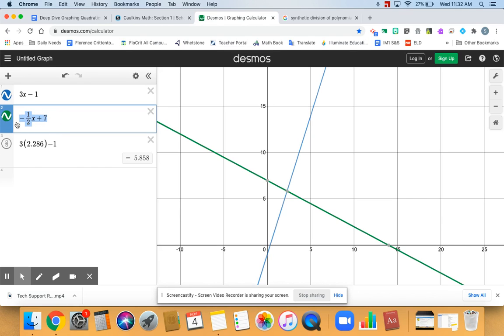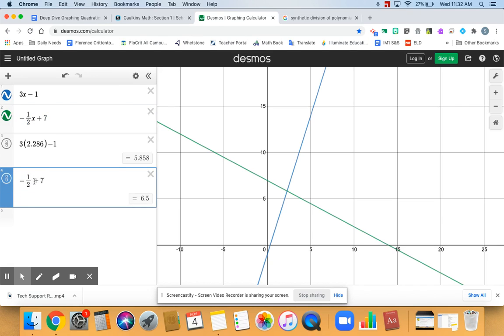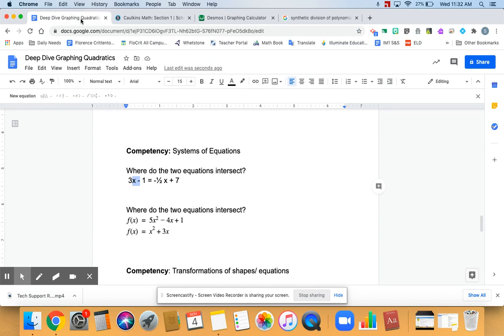If I put it in this one, 2.286, I also get out 5.85, and they're slightly off in decimals here because of the rounding. But yes, that's how you do it for linears.